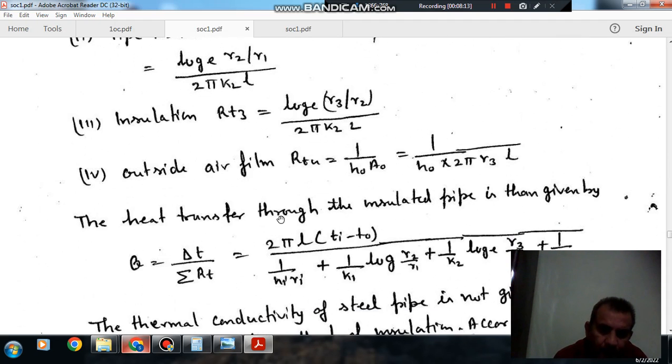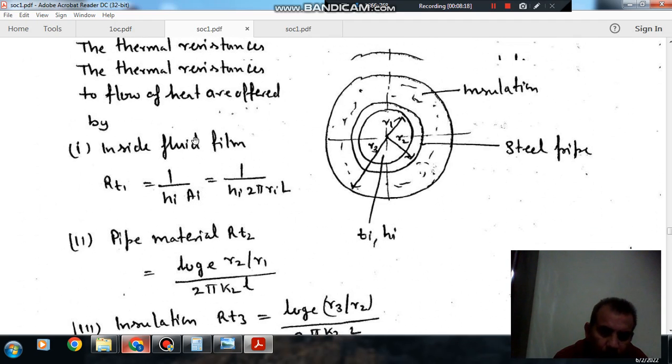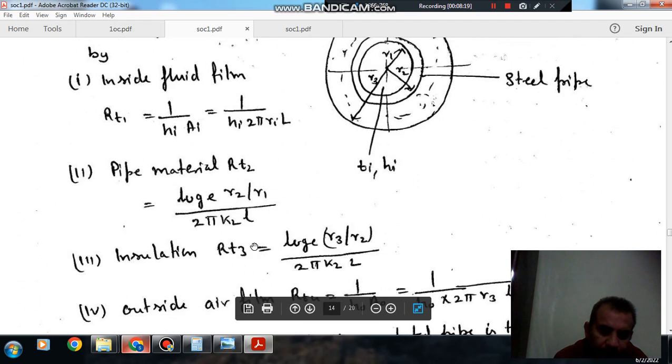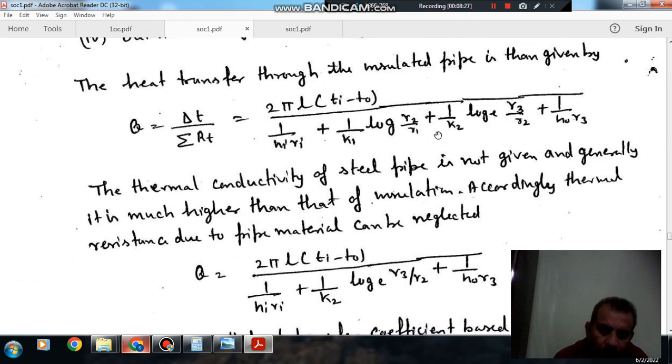As 2 pi L is common in all the terms, we can take 2 pi L (Ti minus To) divided by the summation of these resistances.